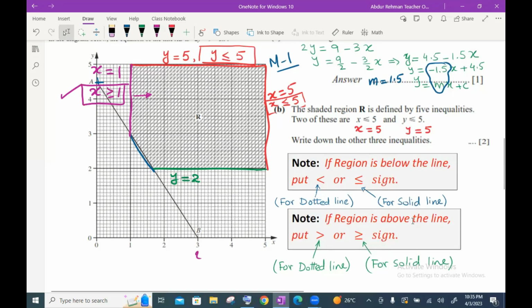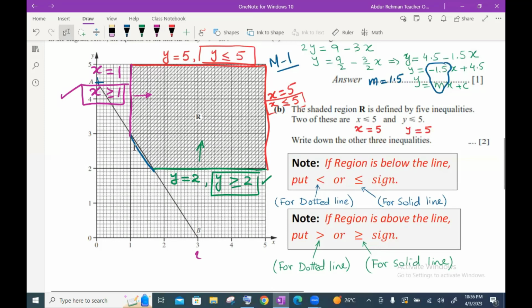If the region is above the line, put the greater than or equal to sign. This is a solid line and the region is above the line. So the inequality will be y is greater than or equal to 2. This is the second inequality.